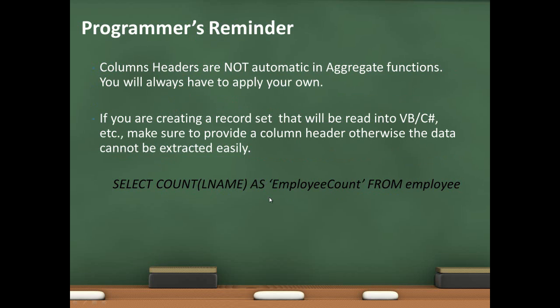Okay. So column headers are not automatic, as I mentioned before, in aggregate functions, and this is just going to reiterate that. Just like when you're doing any other kind of select statement, every column has to have a column header. In this particular example on the screen, we're counting how many last names are filled in, and we're going to let that be employee count.